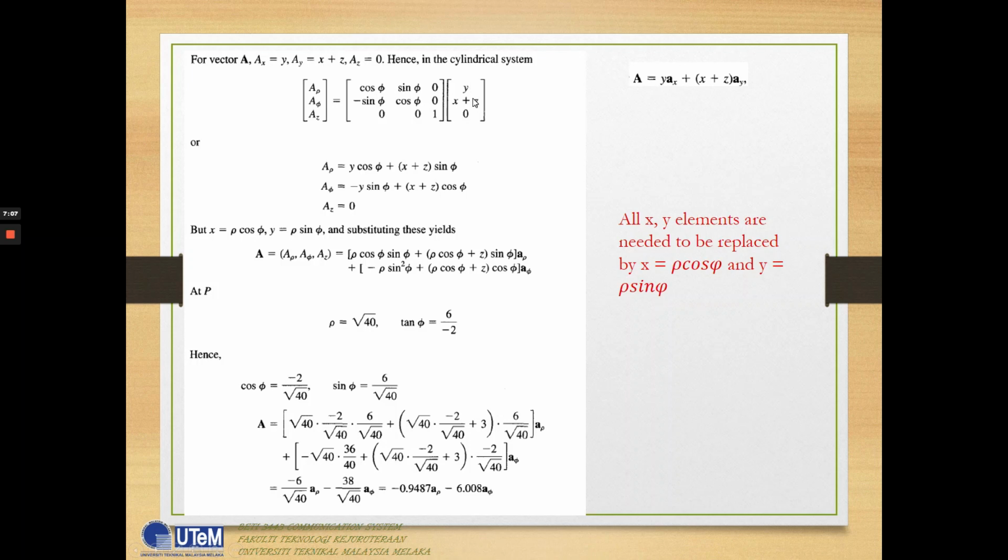So now we replace our Ax, Ay and Az here: Ax is equal to y, Ay is equal to x plus z, and Az is equal to 0. As simple as that. We multiply this with this, plus this with this, and 0 multiplied with 0 is 0, so you don't write it down. Similarly, to find a phi, we multiply this one with this, plus this one with this, and this one with this, and we get this.